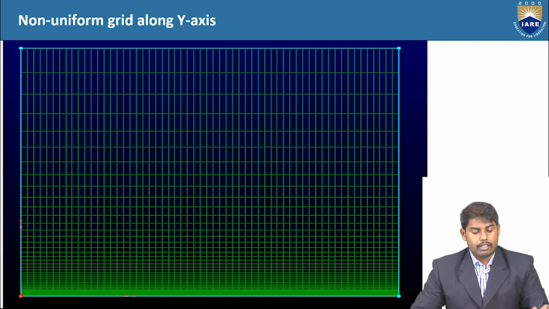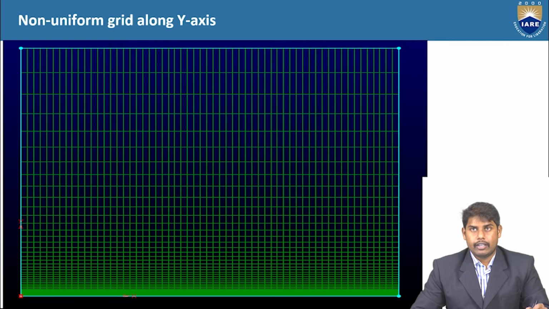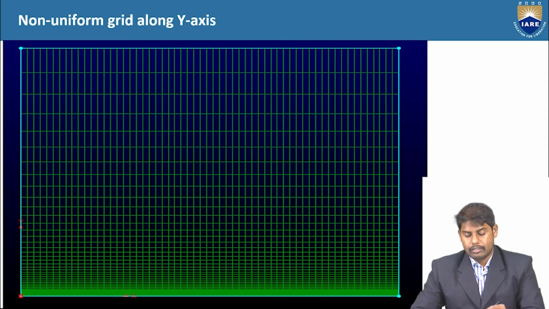So here, only along the x-axis the grid is non-uniform, and here it is only along the y-axis that the grid is non-uniform. Here you can see what we have. Let's take these as our points: 1, 2, 3, 4, 5, 6.